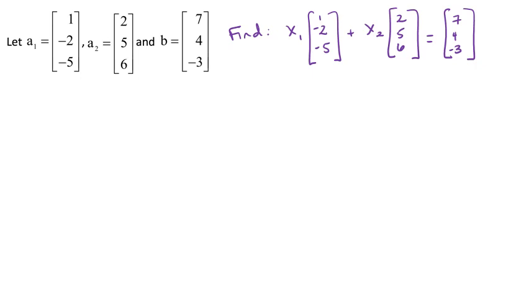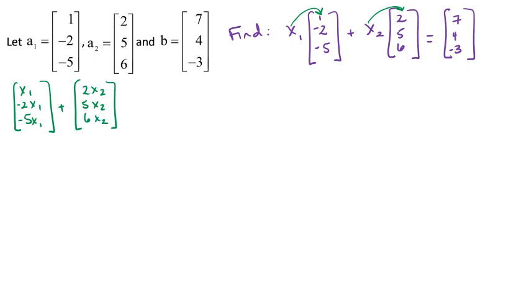These are just scalars, so I'm going to multiply them through, and when I do, I get the following matrices: x1, negative 2x1, negative 5x1, plus 2x2, 5x2, 6x2 is equal to 7, 4, negative 3.